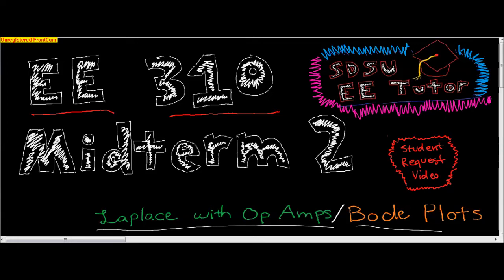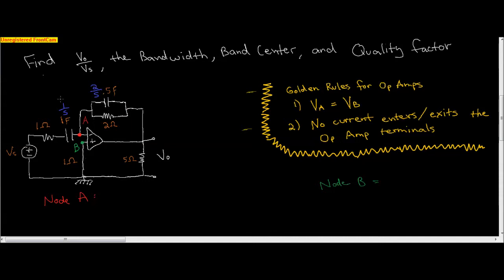Let's do this. So let's take a second to absorb the information on this screen. The problem says, let's find the transfer function VO over VS. It wants the bandwidth, the band center, and the quality factor. Okay, the bandwidth, this is B. That's the variable we have been focusing on, and that's all I'm going to say about this, because we'll talk about that later.